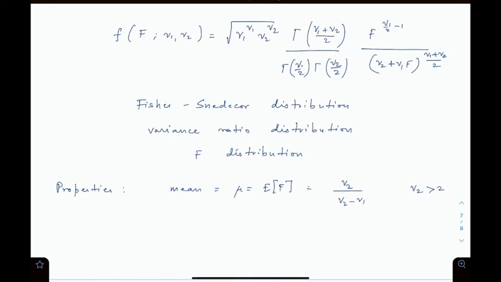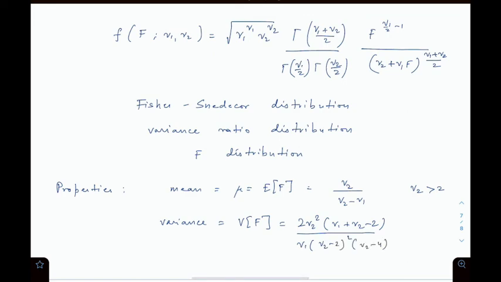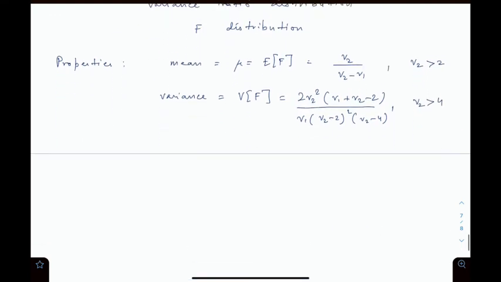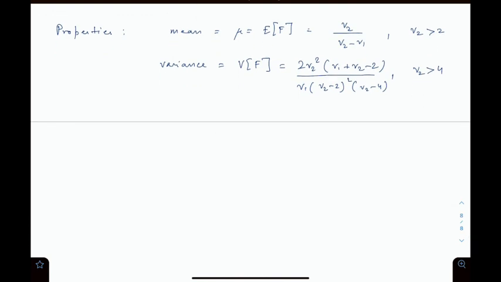The variance, denoted by V of f, is 2 nu2 square times nu1 plus nu2 minus 2, divided by nu1 times nu2 minus 2 whole square times nu2 minus 4, with the requirement that nu2 should be greater than 4. And the distribution is positively skew and tends to normality as nu1, nu2 both tend to infinity. But this happens only slowly.